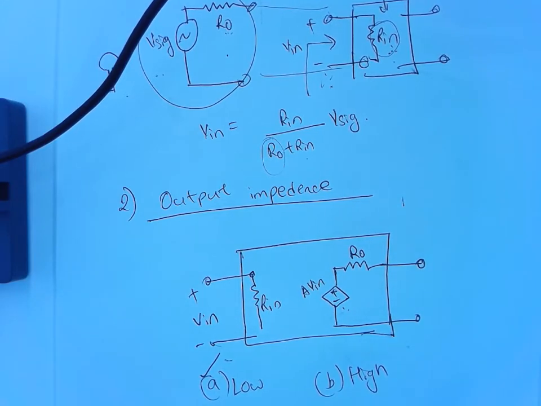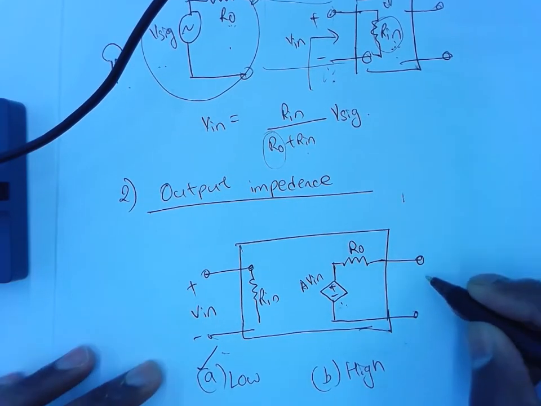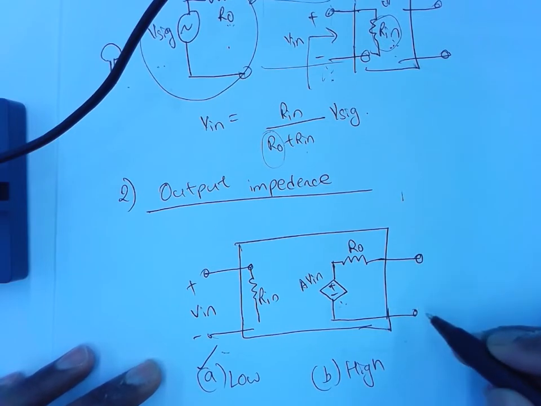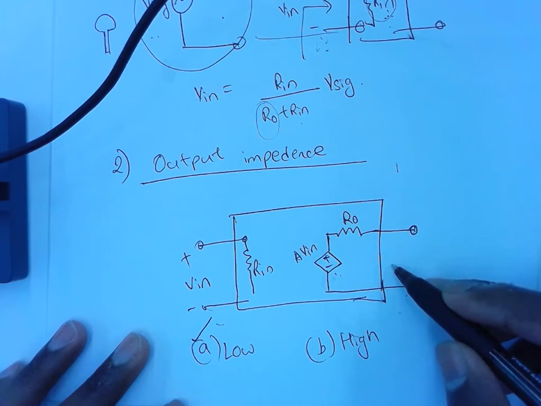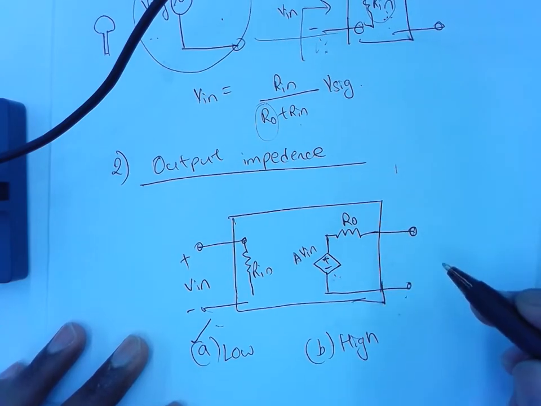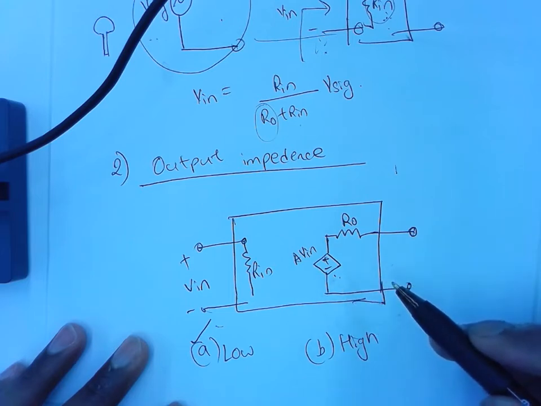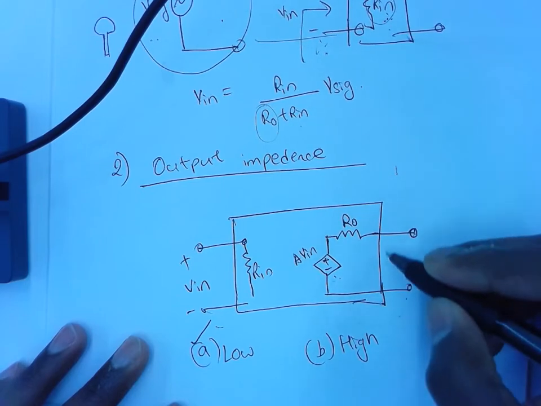Let me try to express more mathematically what Ryan is trying to say. In this case, if you don't connect anything and you measure the output voltage here, how much would you measure? It should be A times Vin. So if you don't connect anything and measure the voltage, it will be A times Vin.